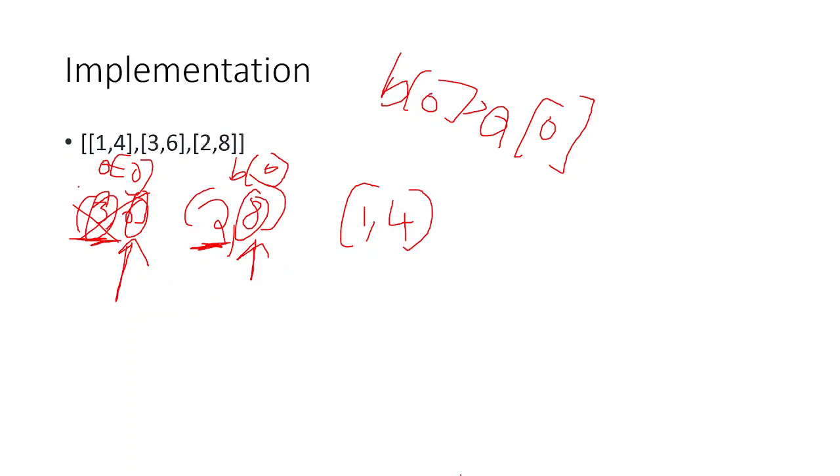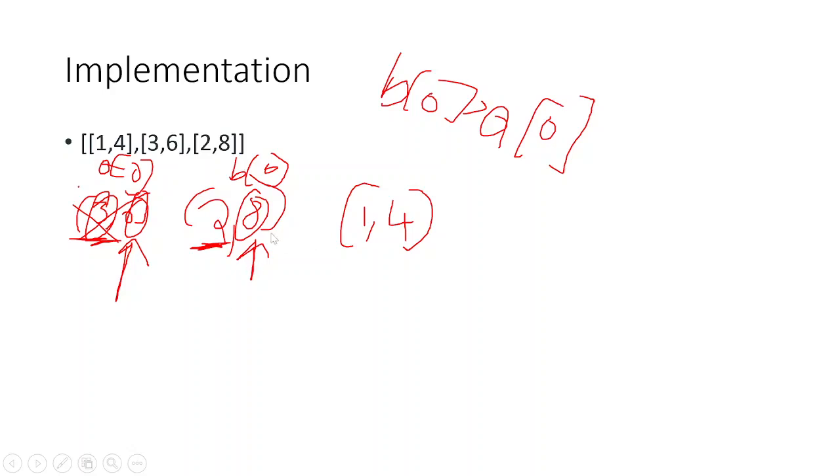The other thing is, once this is checked, we keep track of the last one which was greater. For example, if this was greater, this will be the current element and this will be checked further.